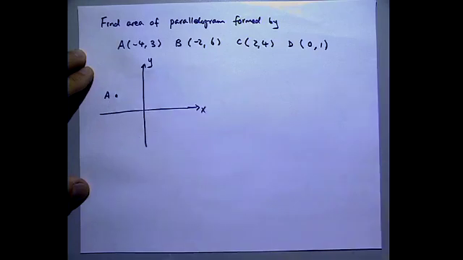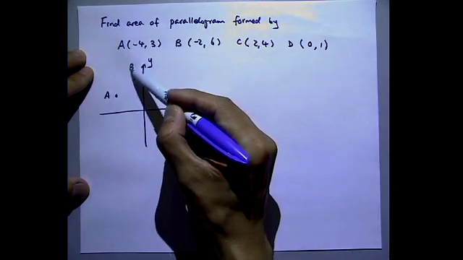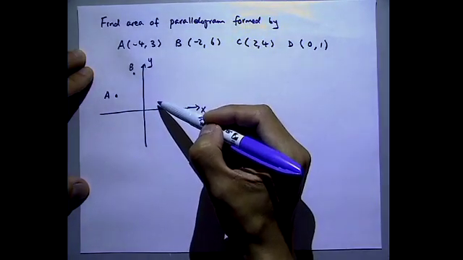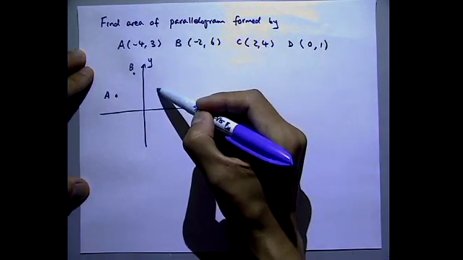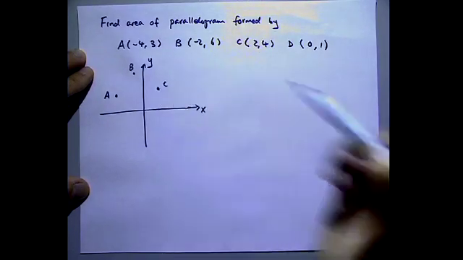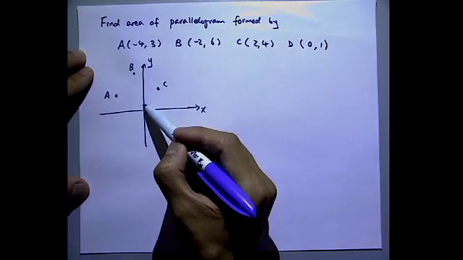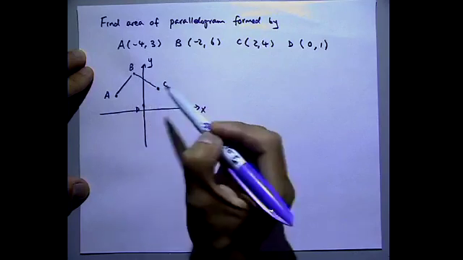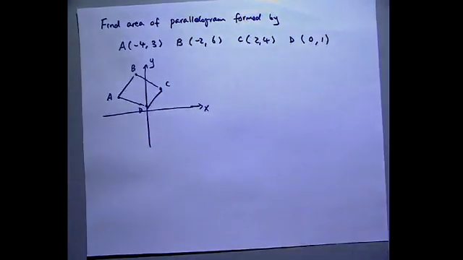Here's A. Here's B. Here's C. And D, somewhere here. That's what we got.